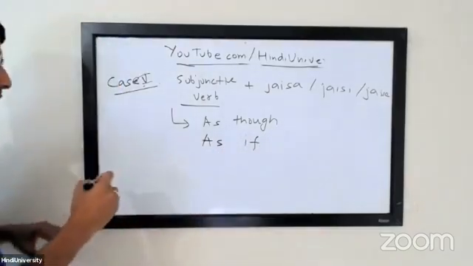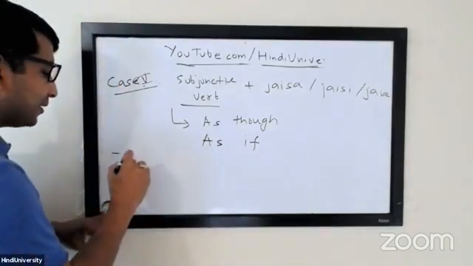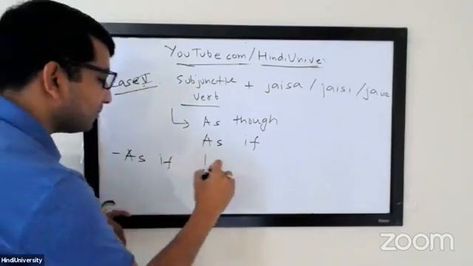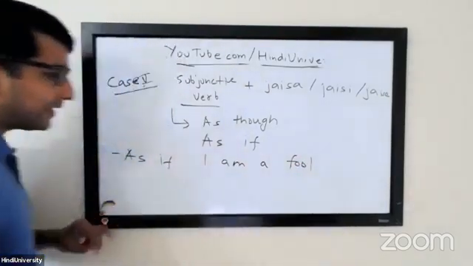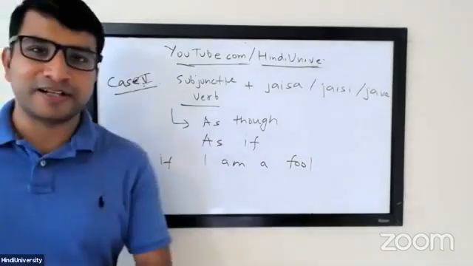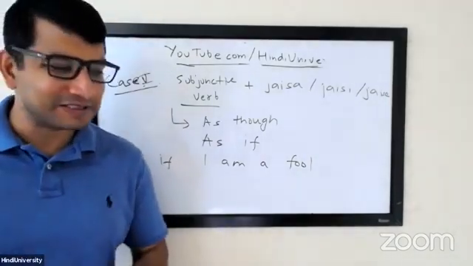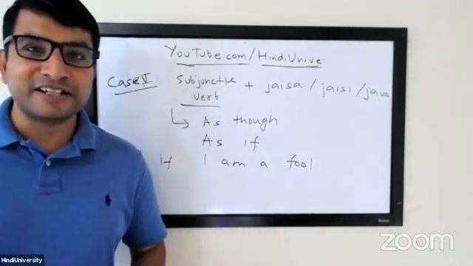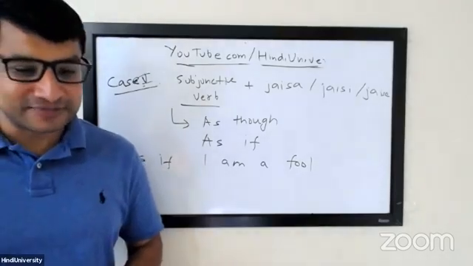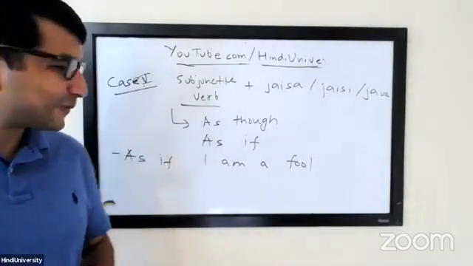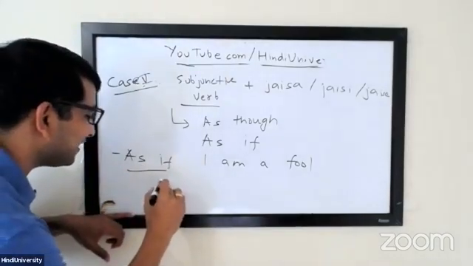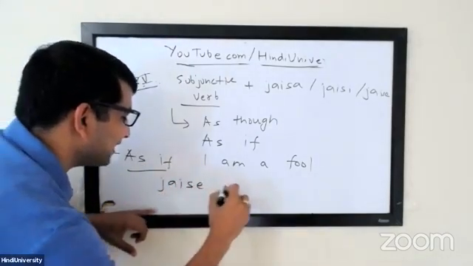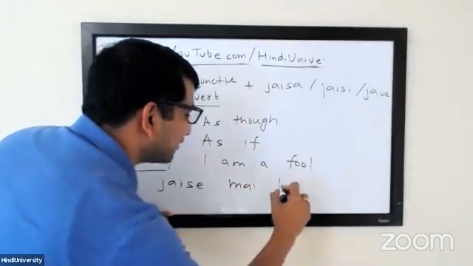Sometimes you say in a sentence, like, as if I'm a fool. Like my daughter to my son, or my son to my daughter: he's mean, as if I'm like a fool or something. So what is as if in that sentence? जैसे मैं पागल हूं.